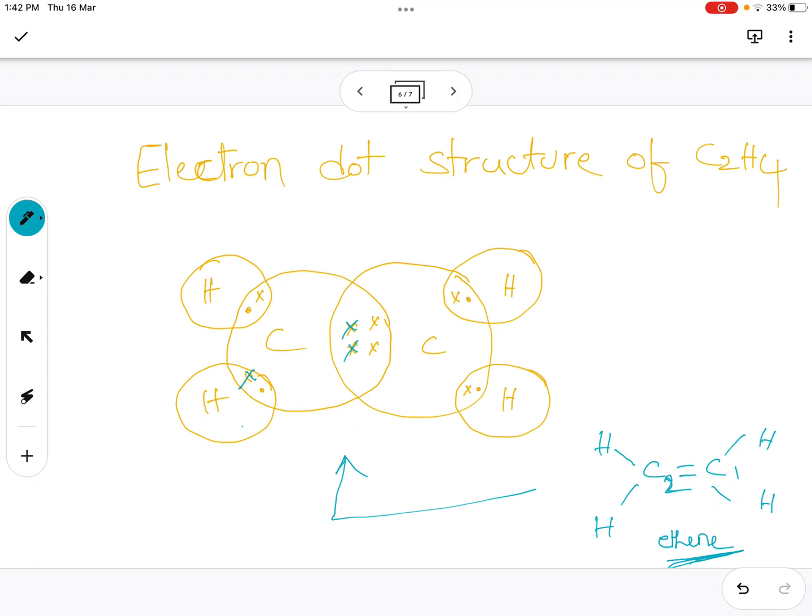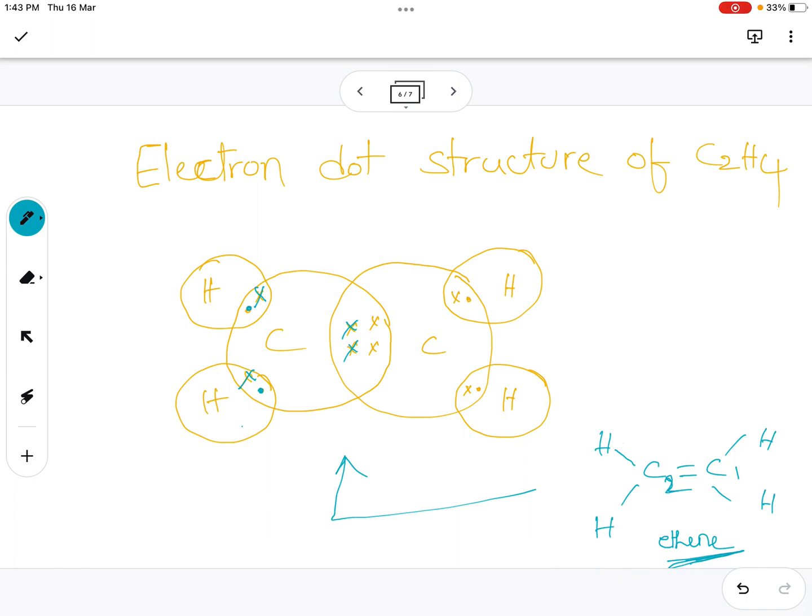We know that carbon valency is 4. These are 4 electrons of carbon. These dots are electrons of hydrogens. We can represent ethene as an electron dot structure like this.